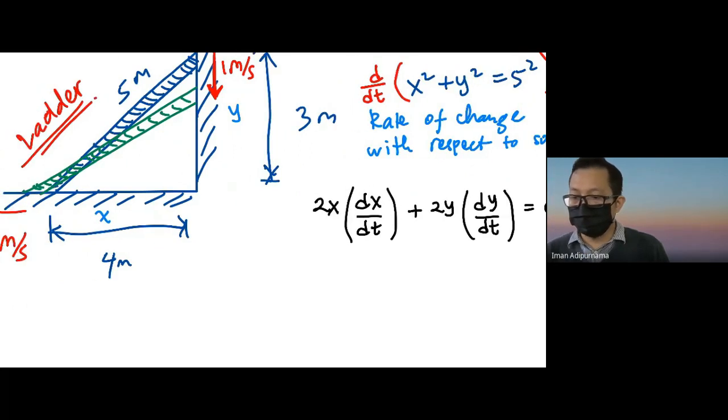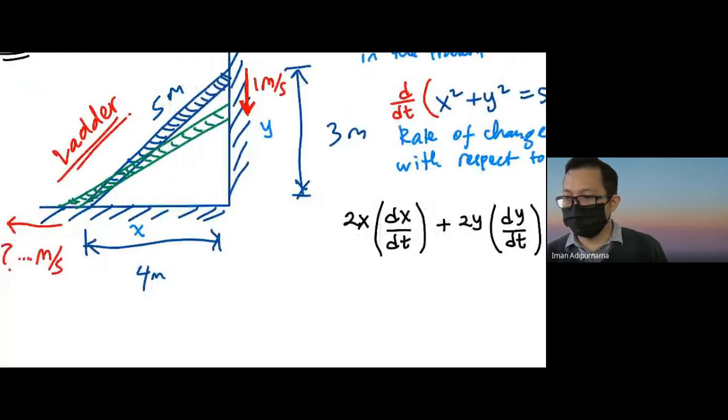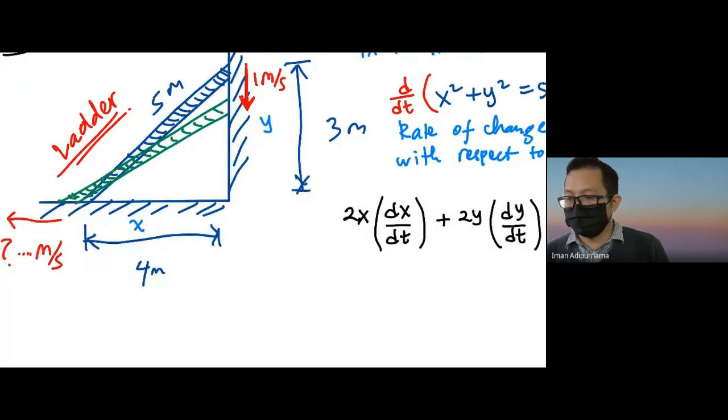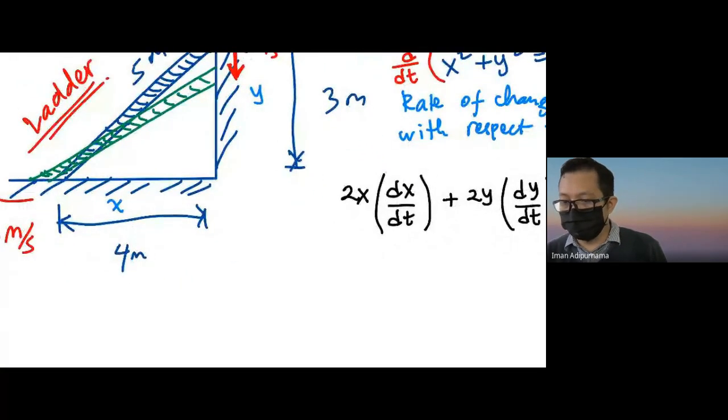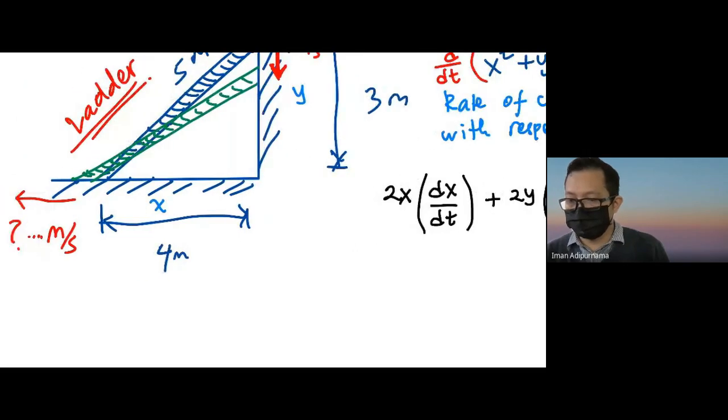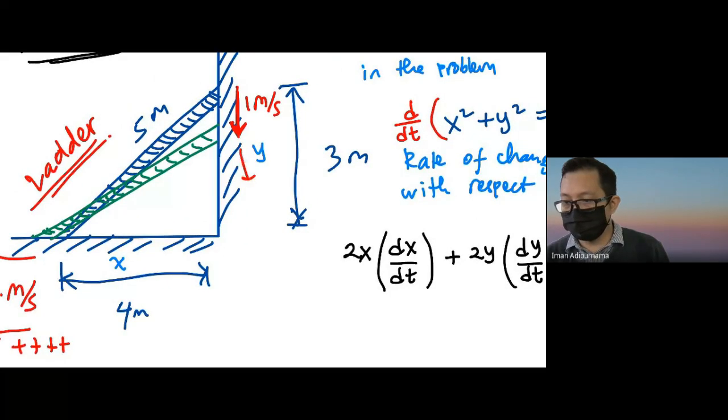Okay, now if you look here, dx dt is going to the left, and it makes the length increasing, right? It makes the length increasing. But here the length is decreasing, right?